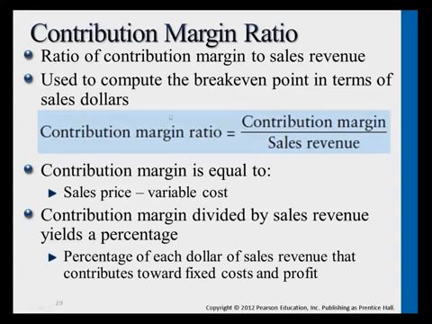So let's look. Contribution margin ratio is my contribution margin divided by sales revenue. This is an important formula to understand. So if I need to calculate anything in sales dollars, my break-even point in sales dollars, that's the formula I'm going to be using. I'm going to take my contribution margin and divide it by sales revenue.